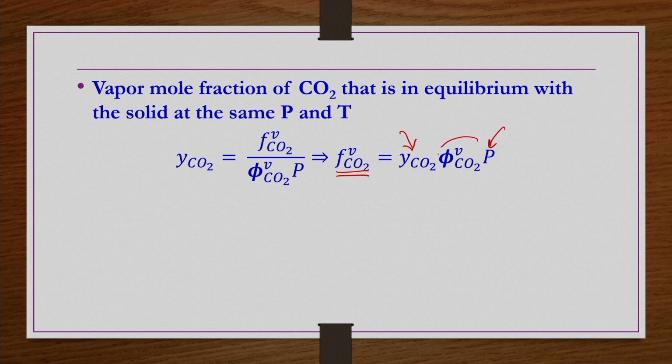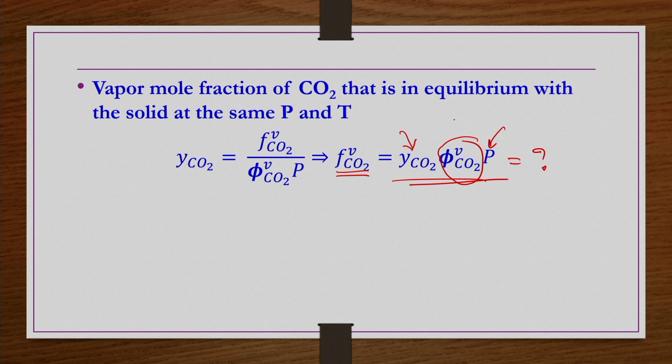So if you find phi CO2 V, then you can find FCO2V using this expression, and depending on this value you can decide whether precipitation is occurring. If FCO2V is higher than FCO2S, then precipitation would occur.